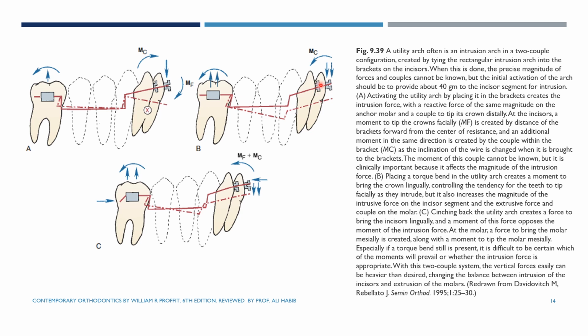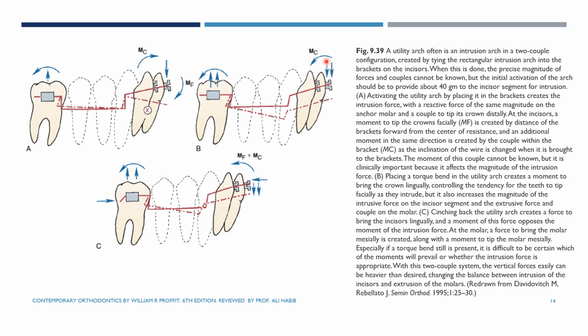Either we want to procline incisors, then we call it buccal or labial crown torque, meaning that we are going to tip. If you want to move the roots of the incisors lingually, you call it lingual root torque. The opposite here, now we want to torque the roots out and the crown in, this is called lingual crown torque, which is labial root torque.